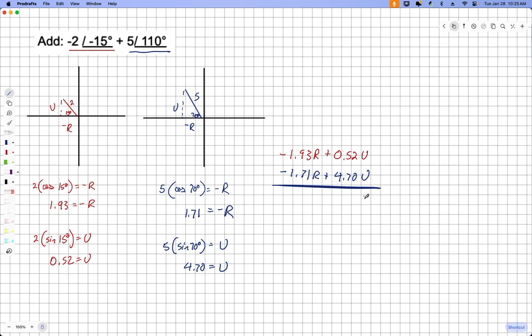All right, so that's U, 2, carry 1, that's 5, that's positive. Bring down the R, that's 4, that's a 6, carry 1, so it's a negative 3.64 R plus 5.22U. That's your answer.